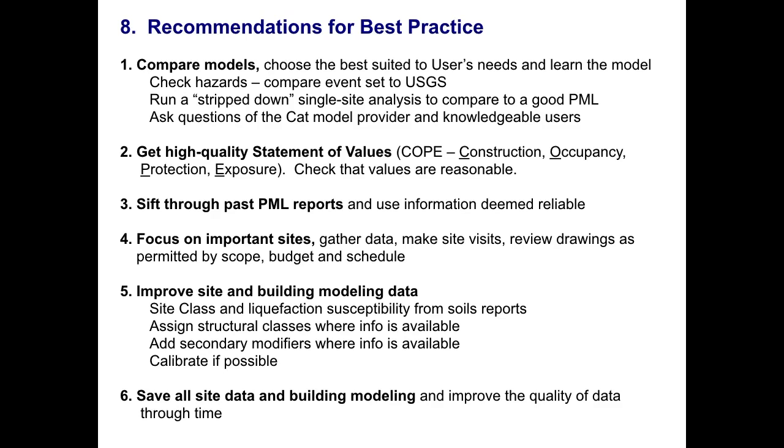Next, we can sift through past PML reports and use any of the information that we deem reliable, making sure we've got the structural types correct, that we have the secondary modifiers appropriately used, and that we know the site hazards and have executed overrides where we have something that may differ from what is pulled out of the insurance CAT model.